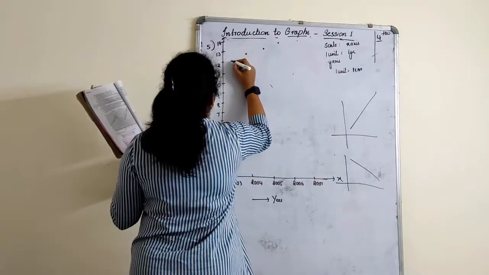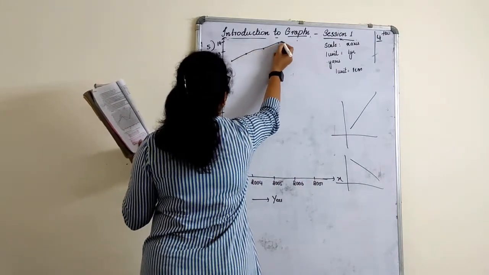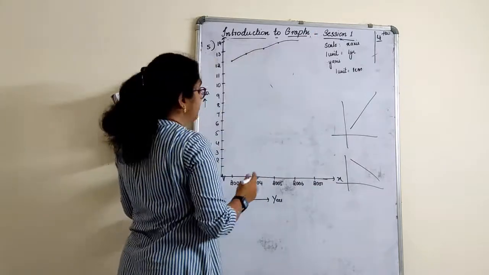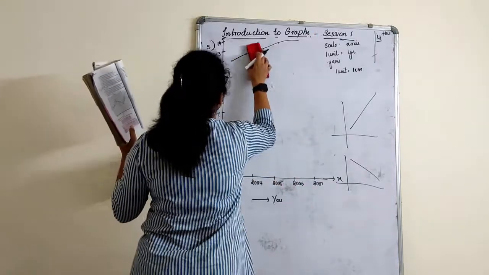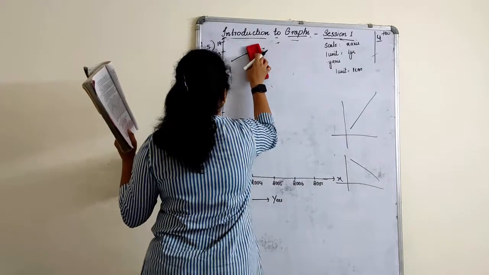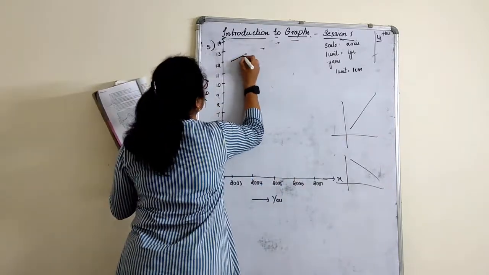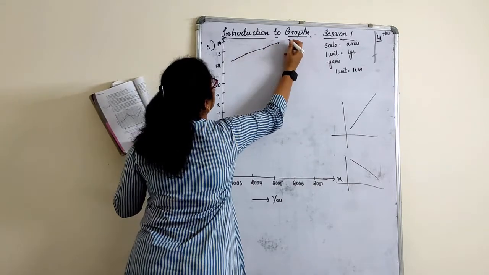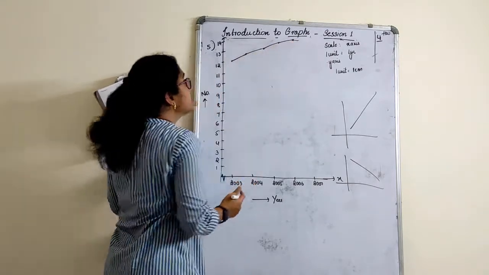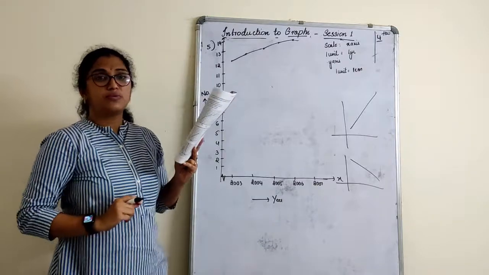Yes, the points are going, but it is not a straight line. I have joined it, but children, always remember it should be straight. It should always be joined with the points. Mine is coming, but it is not a straight line. Small difference is what you get.